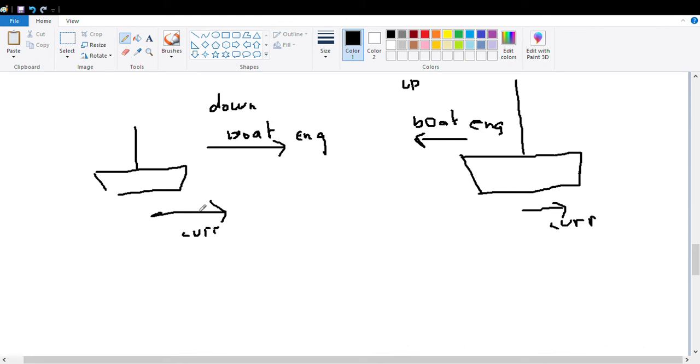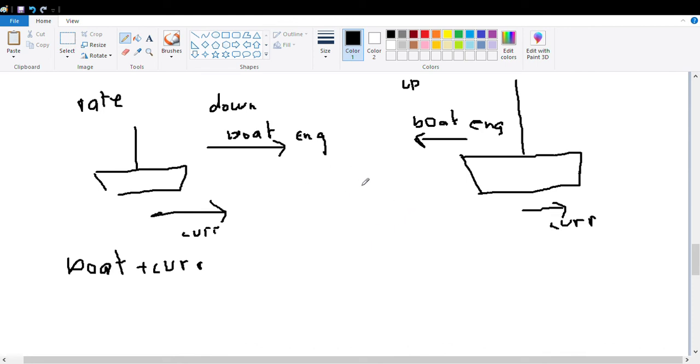So that means the rate of this boat is not just boat engine, but boat engine, signified by boat, plus current. Correct me if I'm wrong.